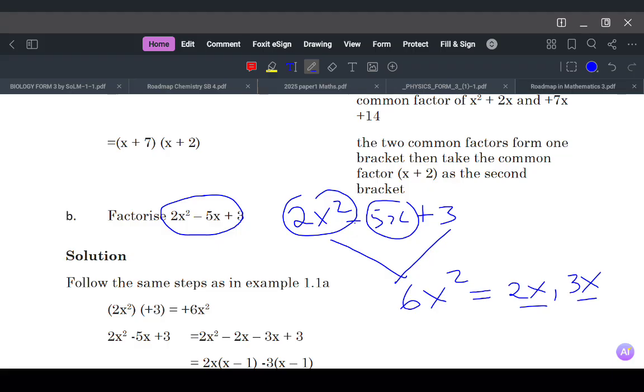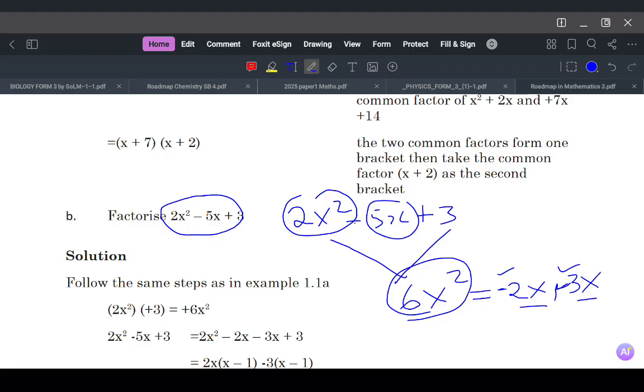So in this case, instead of just multiplying 2x by 3x, we shall take the minus part. If you take minus 2x times minus 3x, you get 6x squared, because a minus multiplied by a minus gives you plus.